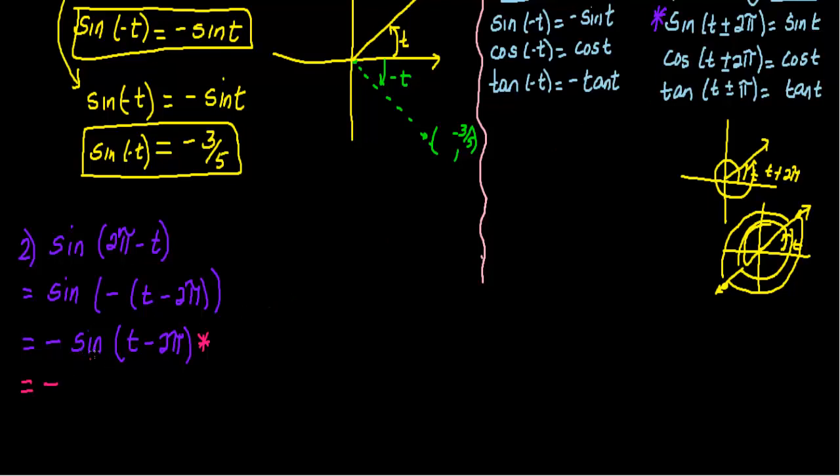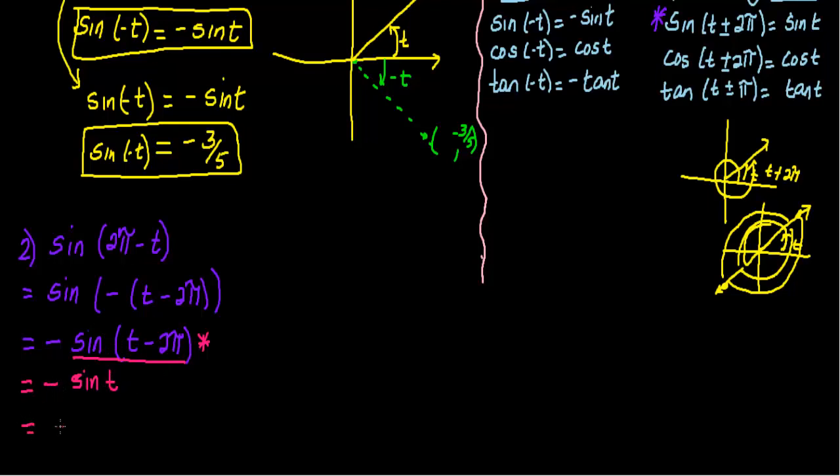So the sine of t minus 2 pi, this piece here, my identity says is equal to sine of t. Notice that this negative I carry, I keep it, and I change this into sine of t, because that's what the identity says. Whenever I have t plus or minus 2 pi, that will be equal to the sine of t and the negative that I carried.